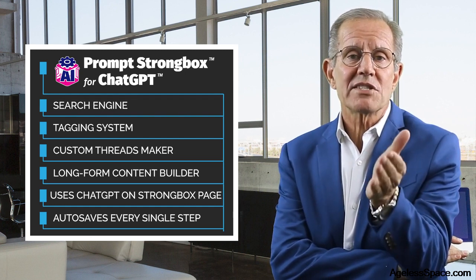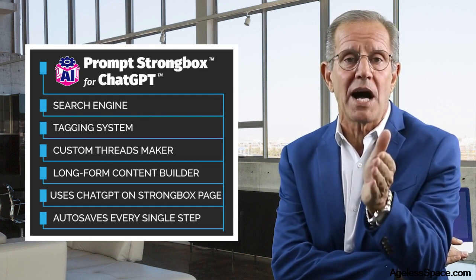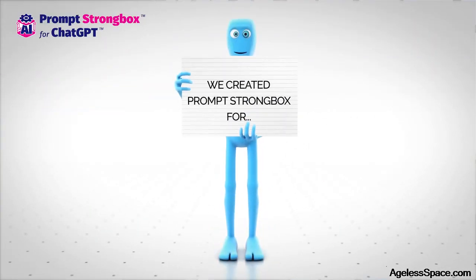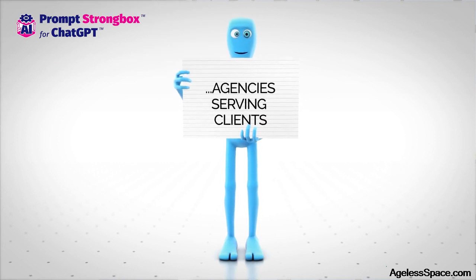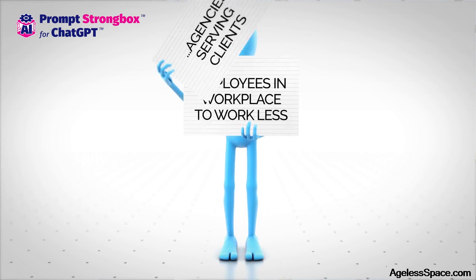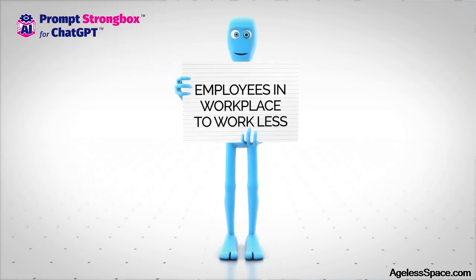First though, let me just tell you who we made the PromptStrongbox for in the first place. We created PromptStrongbox for businesses of all types, including agencies serving clients and employees who use ChatGPT in the workplace and wish to either work less or demonstrate improved performance to get that raise.